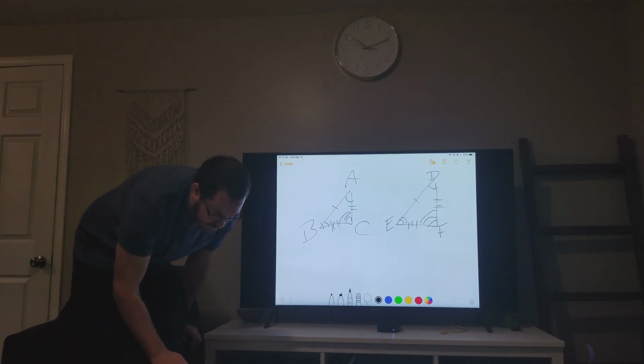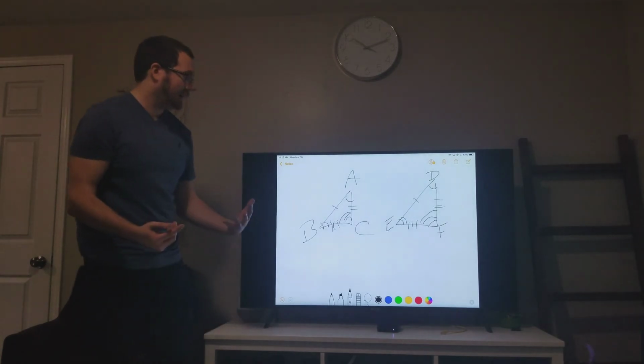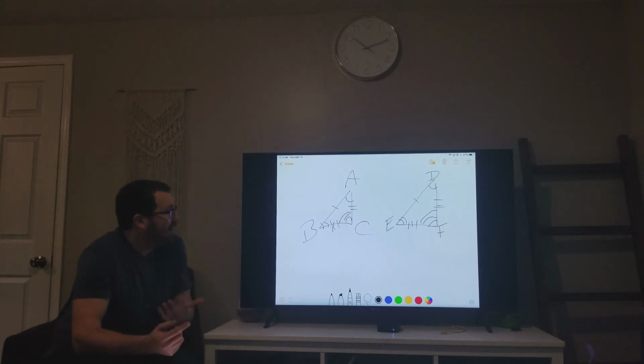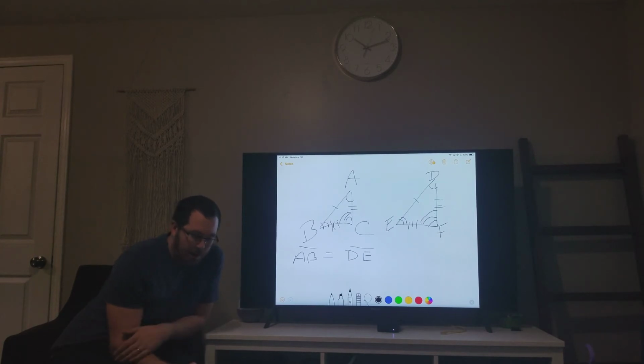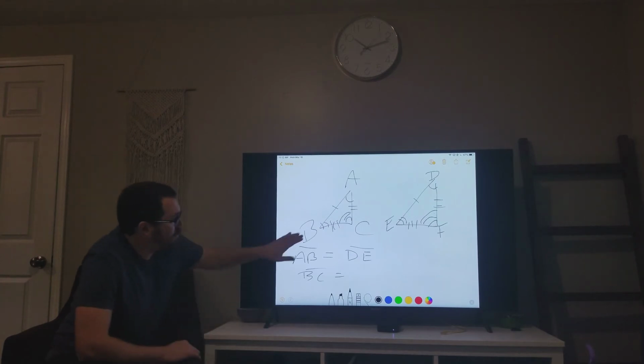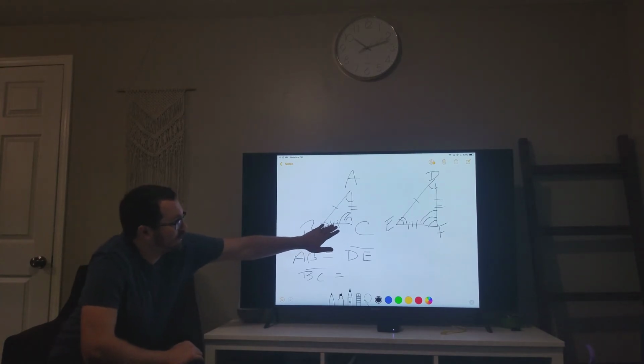Now I could also start representing my side lengths. So I could say that side length AB, and remember side length is written with a line over top, equals side length DE. I could say that BC equals, and I want to see which one BC lines up with. What other one has the three lines?